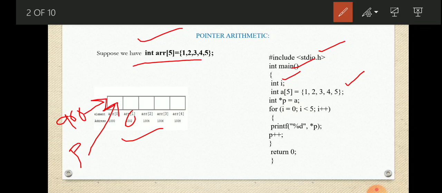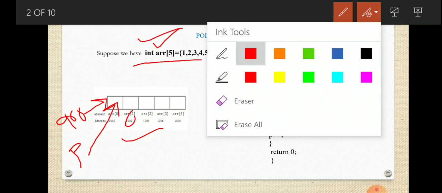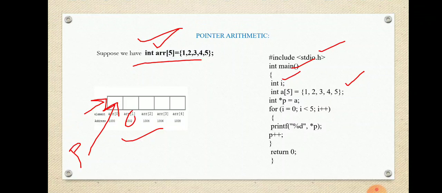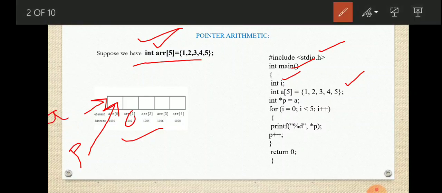The base address of this array is held by a, and pointer p is pointing to a. So p is holding the base address. So p equals a, and p is equal to address of a[0]. Both are the same thing.